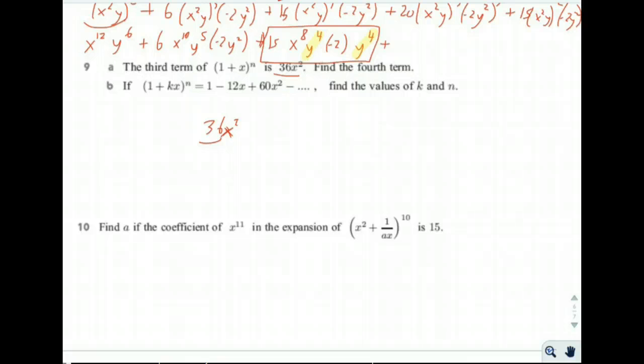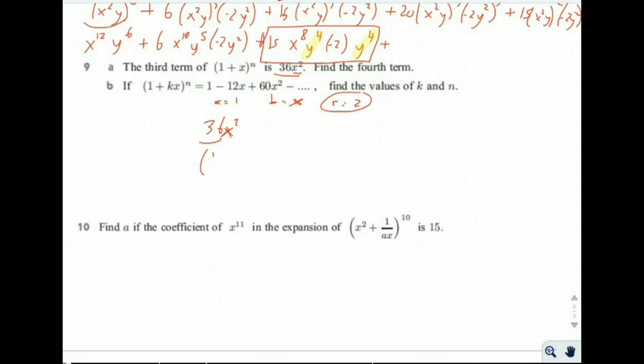Because we do know that the r value is 2, right? Because here we have a equals 1, we have b equals x, and b squared here, or x squared, so that means r is 2.